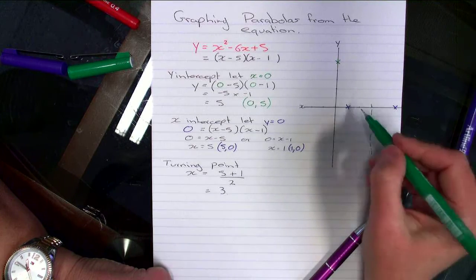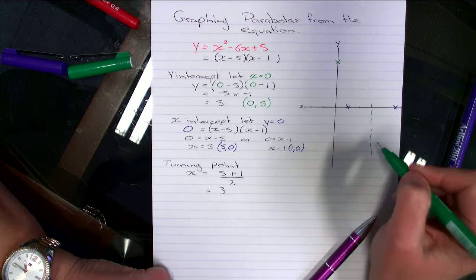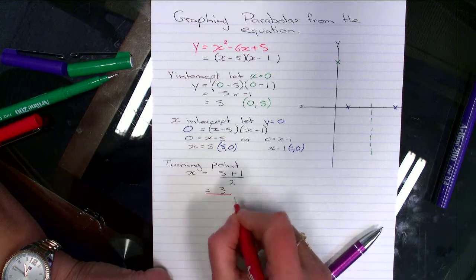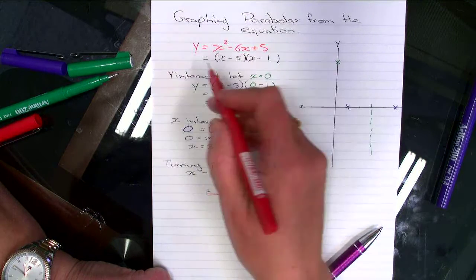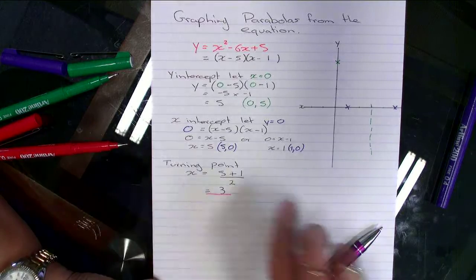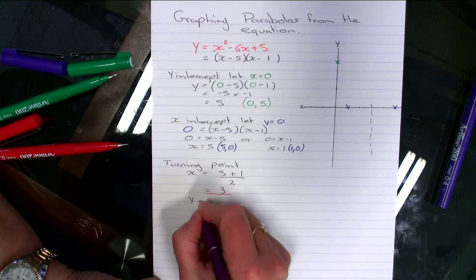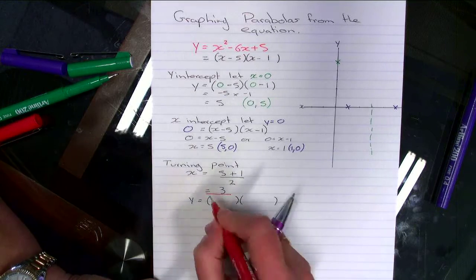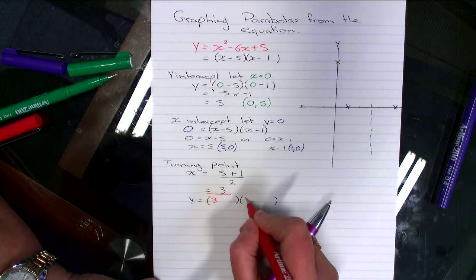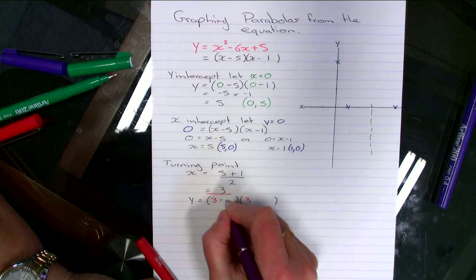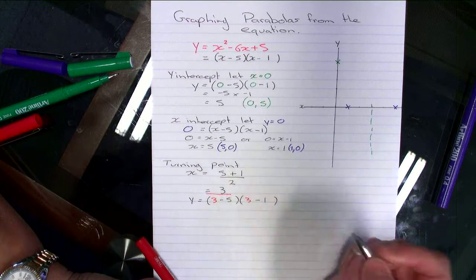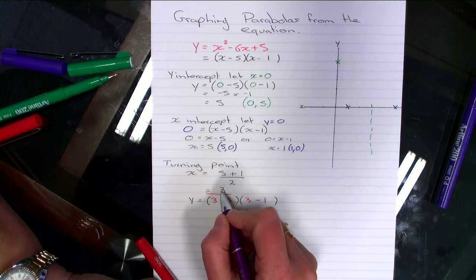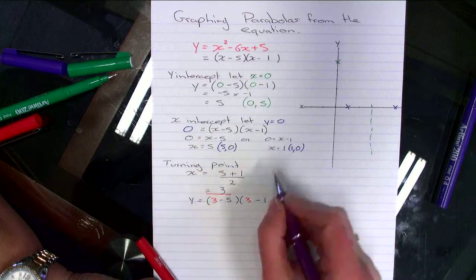So how far down does it go? Well, to find that out, we're going to put this x into our equation to find out what the y value is. So y equals, x is 3 in both brackets, minus 5 and minus 1. So here we've replaced the x with 3, which we know is our turning point x value, in our original equation.